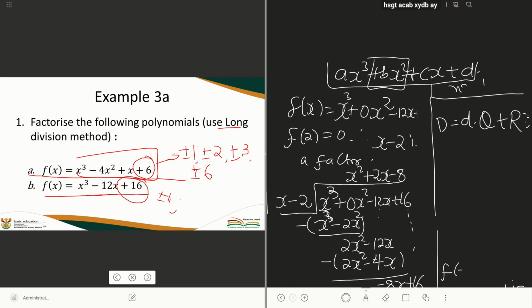In this case, our remainder is 0, so that won't make any difference. So our dividend f at x is equal to our divisor x minus 2 multiplied by the quotient. Sorry, the quotient is x squared plus 2x minus 8. Let me write it here.